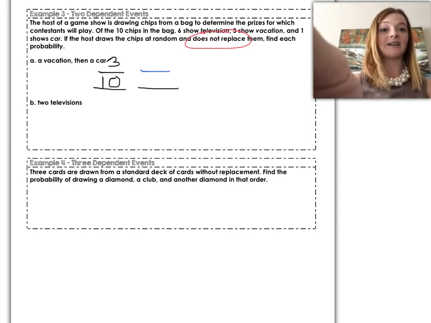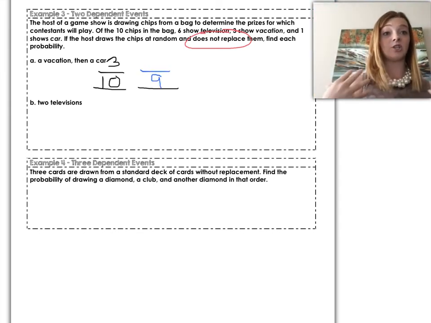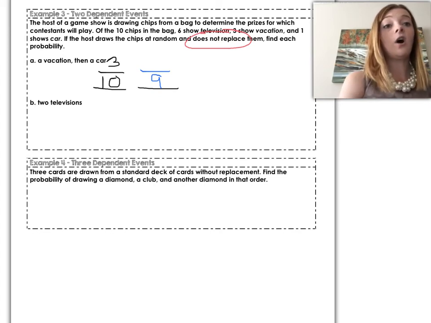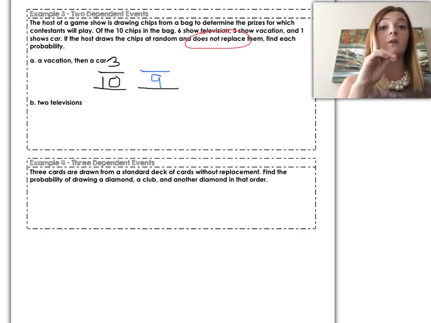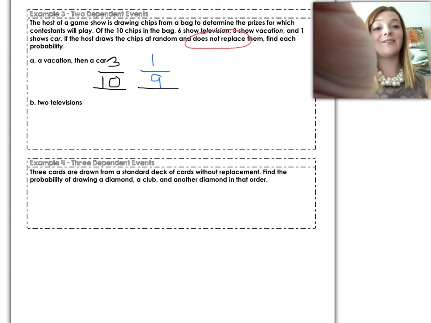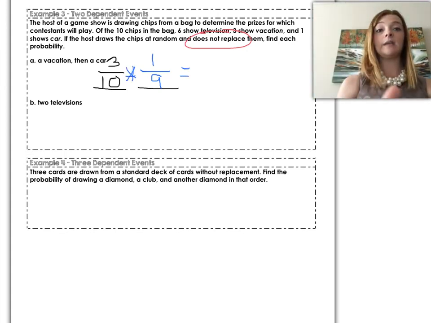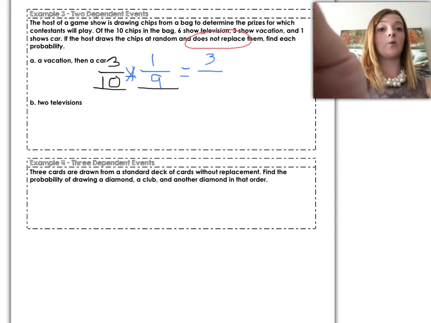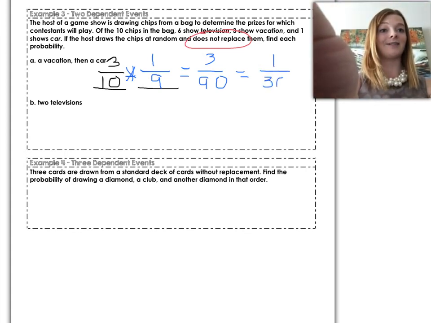So now we need to recognize that our total number of chips has changed to 9. Now the car, there is still 1 car chip, okay? So that has not been affected. So we have 3/10 times 1/9, and that's going to get me 3/90, which actually will then simplify to 1/30, okay?